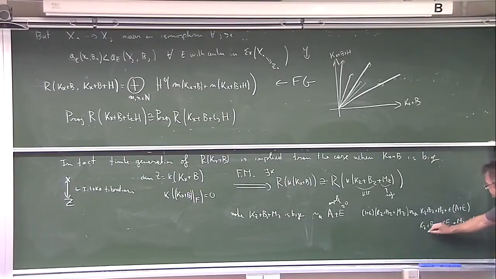Now, look at this. The condition of being KLT is defined by some strict inequality, so it's an open condition. So if I add epsilon times an effective divisor, this is still KLT. This is an effective divisor, this is an ample divisor.